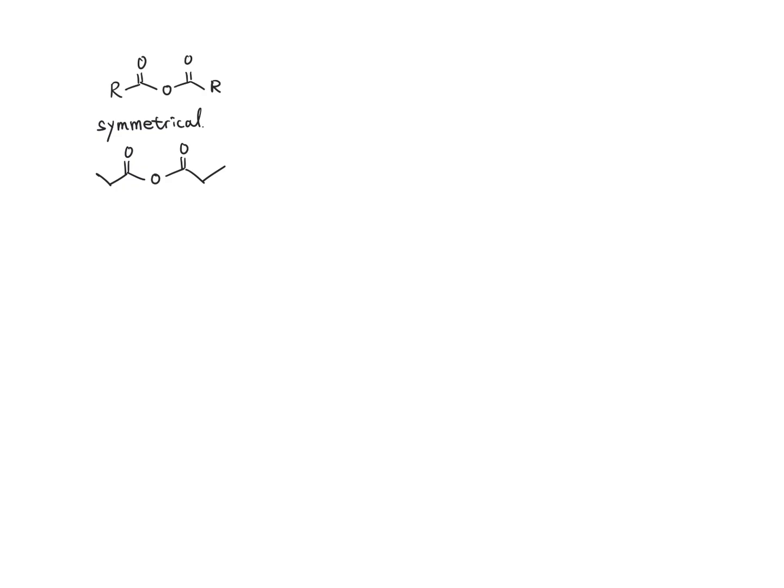So what we are going to figure out is what acid it comes from. So we're going to look at this part right here, and we're going to write out the original carboxylic acid. So what we have here is propanoic acid as a systematic name.